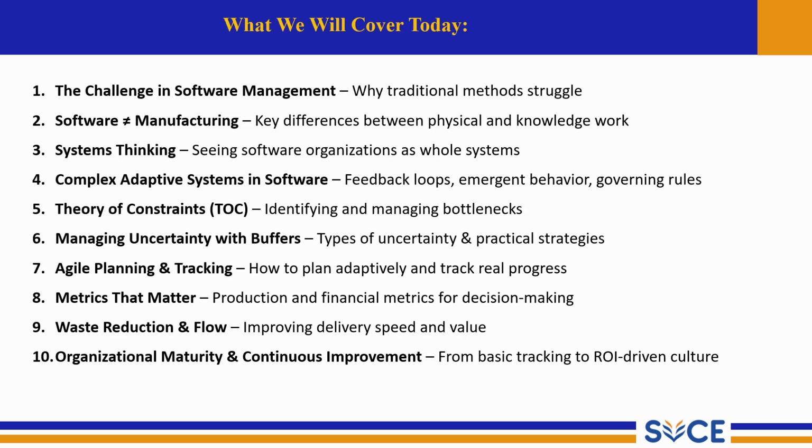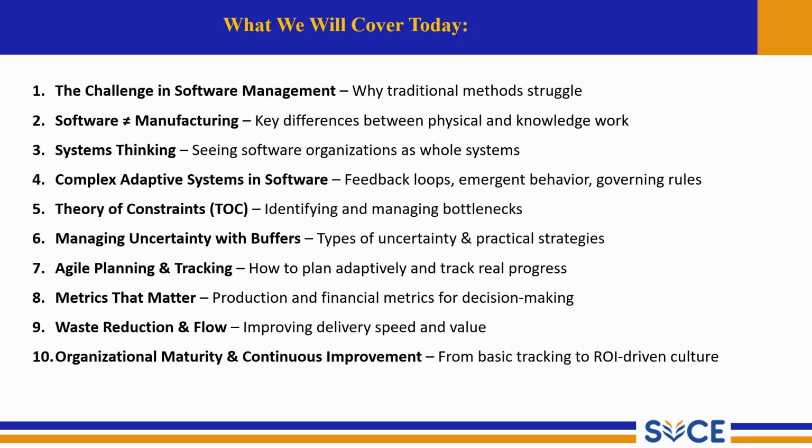And next, the topics we are going to cover today. First, the challenge in software management: why traditional methods struggle, and why software is not equal to manufacturing. So, software is different from manufacturing.